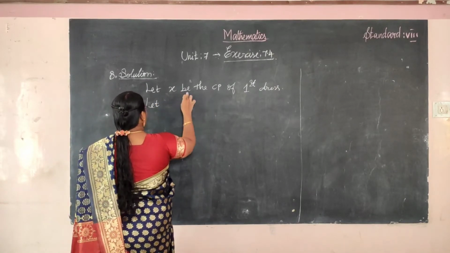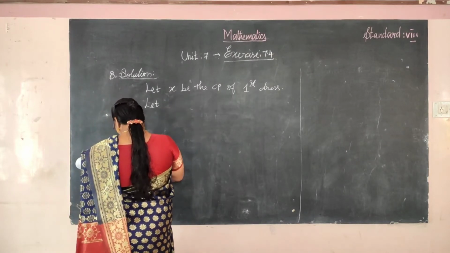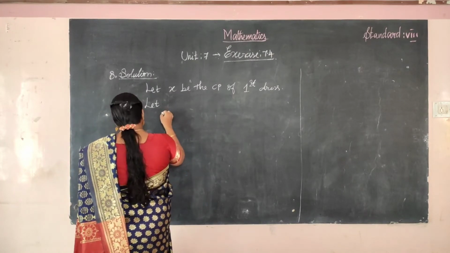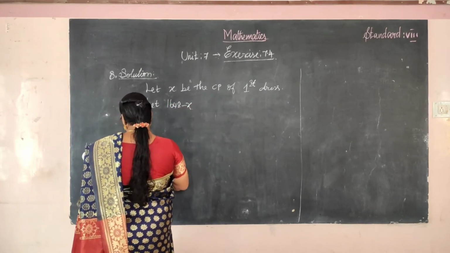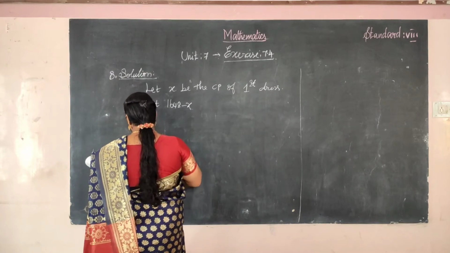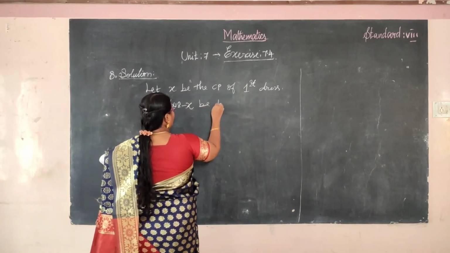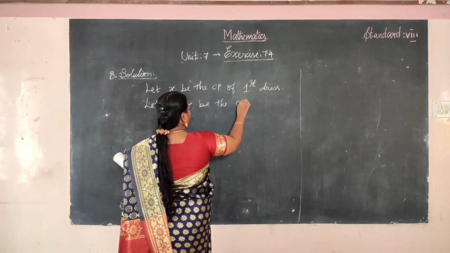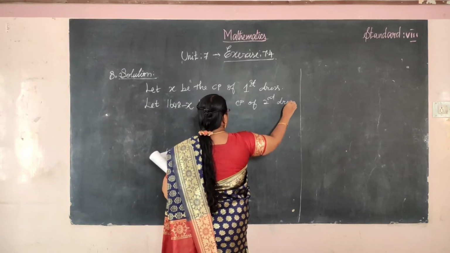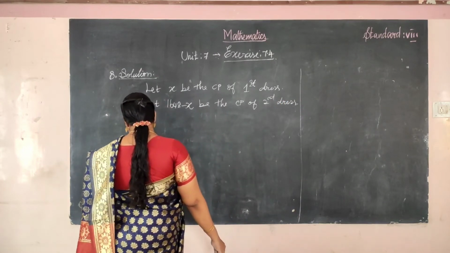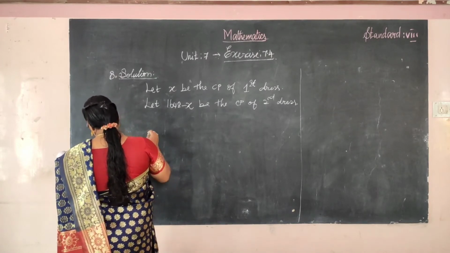Okay, so x be the cost of the first dress and the next one is 1648 minus x. Okay, 1648 minus x be the cost of the second dress.